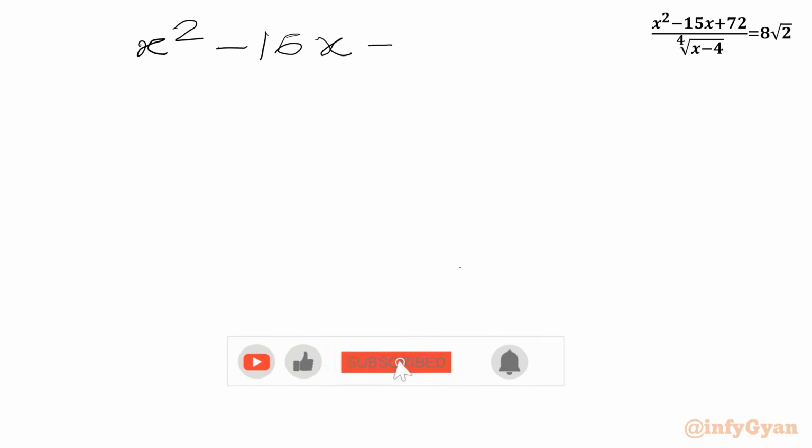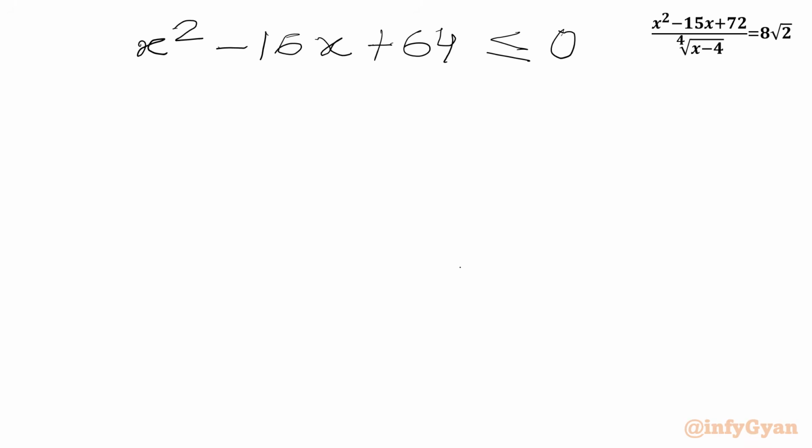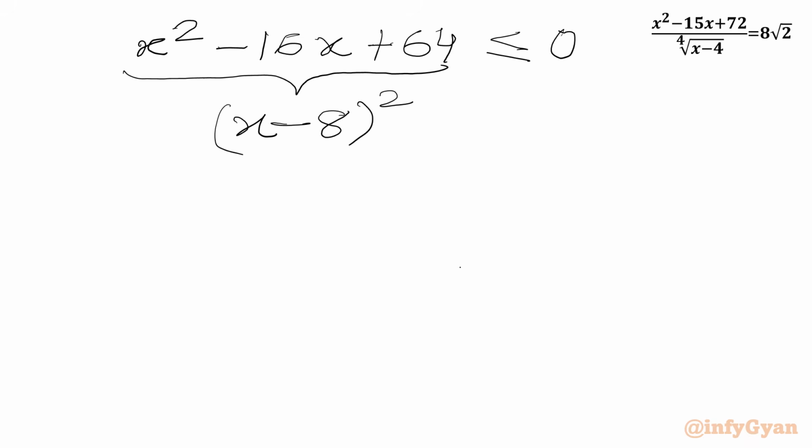Now this is a perfect square of x minus 8. X minus 8 whole square is x square minus 16x plus 64. It is less than or equal to 0.